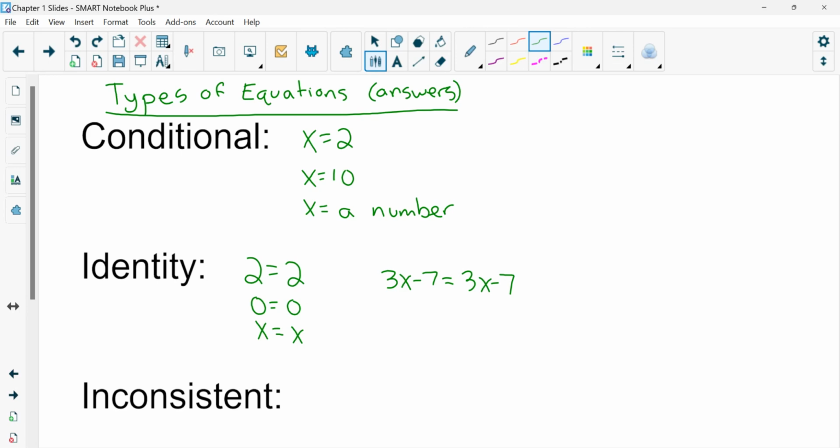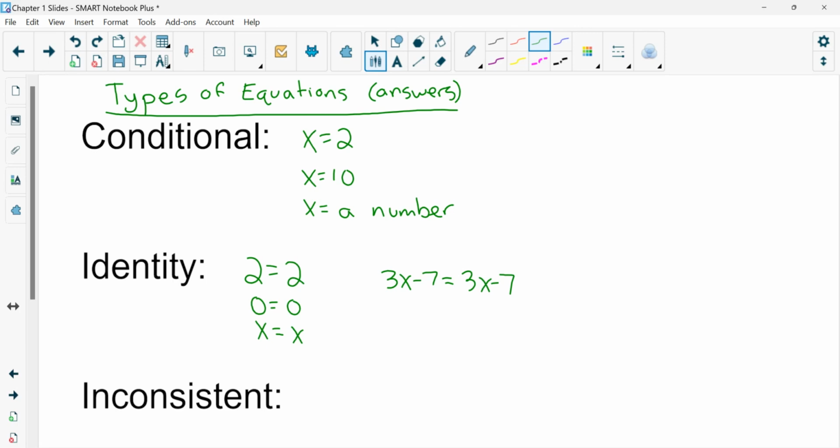What kind of solution do you get when you get those answers, though? When you get like 2 equals 2 or 0 equals 0? Gavin? Not 0. Not undefined. We're going to get to undefined. What's the other one? It's always true. How many solutions are there if it's always true? Infinite, or x equals all real numbers, okay?